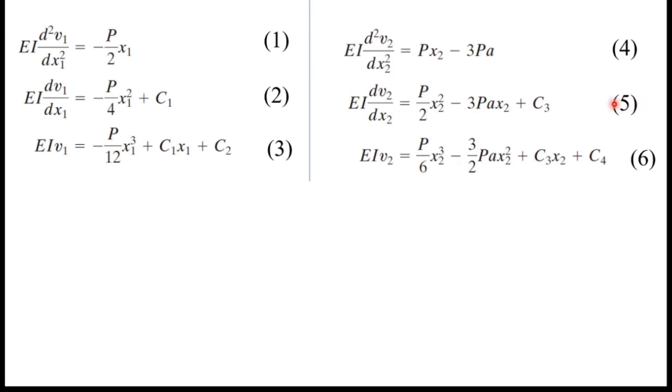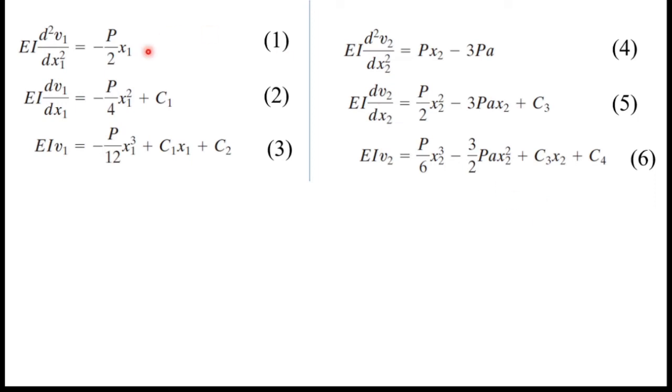Then again I will integrate equation 5, and I will have equation 6. This is the integration of equation 5. You can see there are constants here, C1, C2, C3 and C4. Those are for indefinite integration. We did indefinite integration, therefore we had to put a constant.